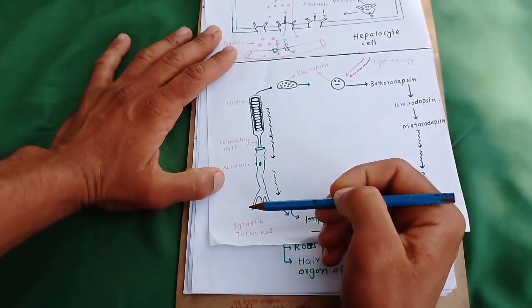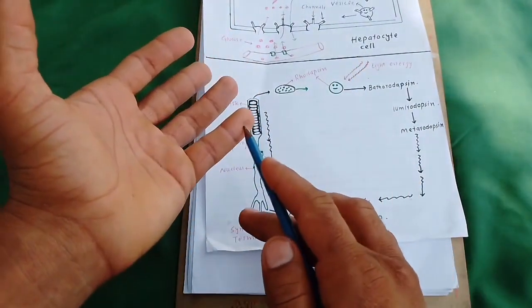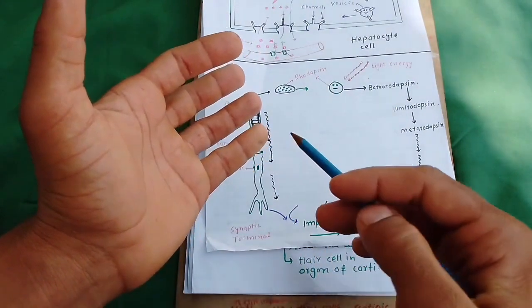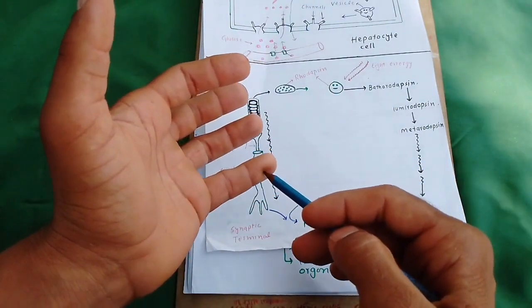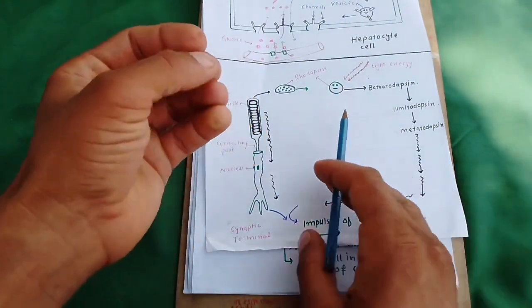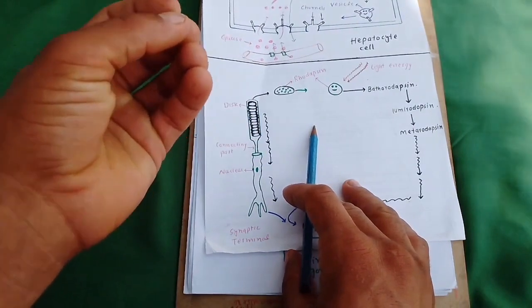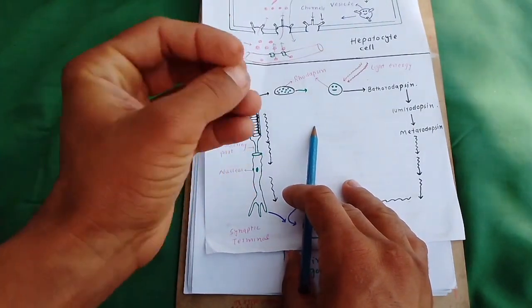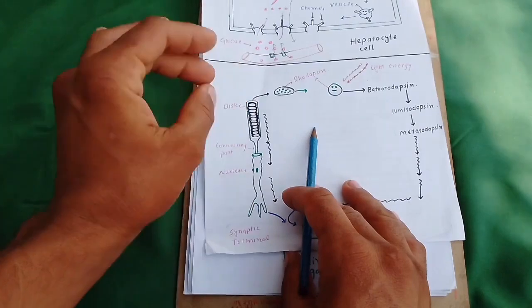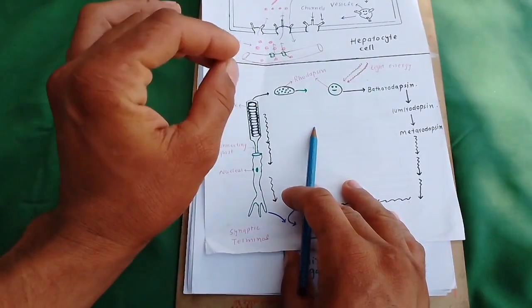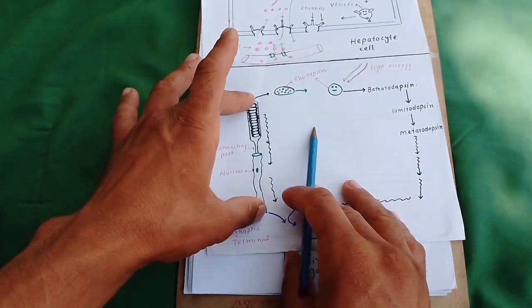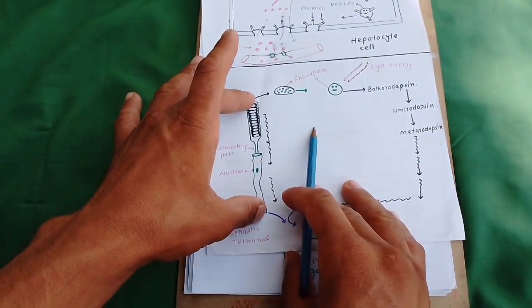Suppose this is the rod cell. When light falls on our eye, it enters the eye and passes through the cornea, the aqueous humor, the lens, and the vitreous humor, and finally reaches a specific narrow cell, which is called the rod cell and the cone cell. So this is the receptor.